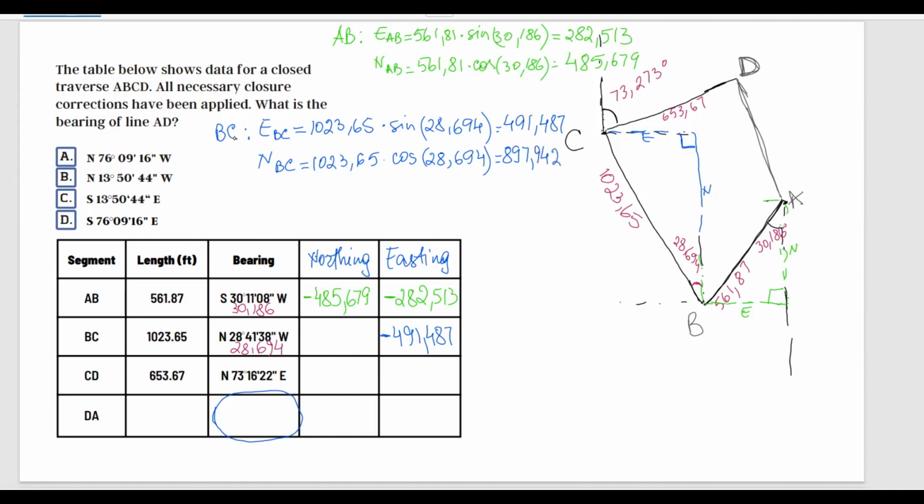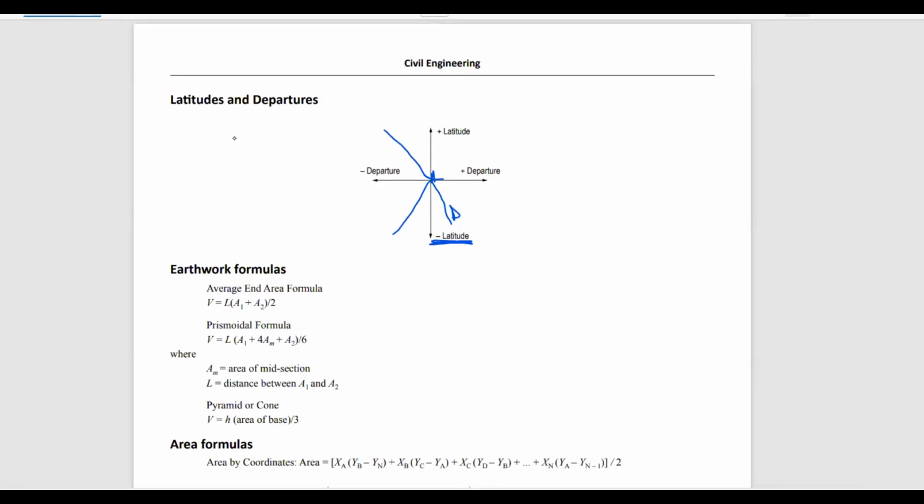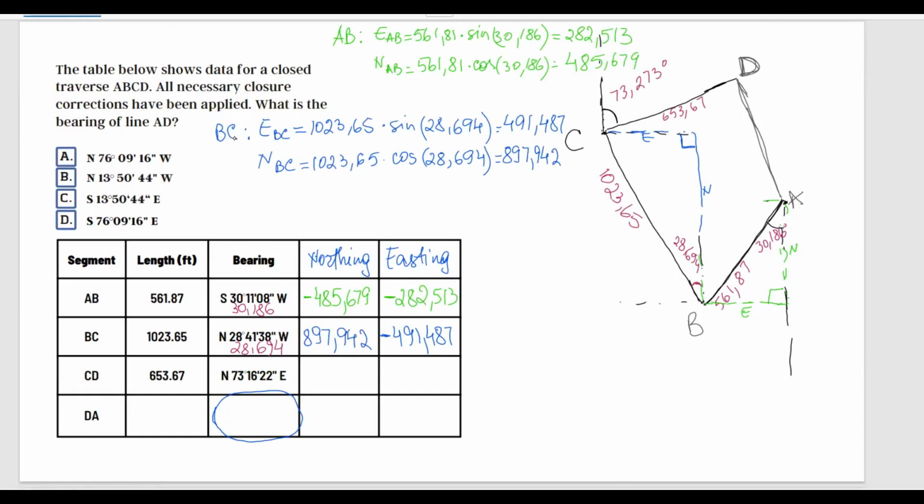And now we're going to add it in this table, and it's going to be a positive value for northing. As we said, northing or latitude in this quadrant is positive.